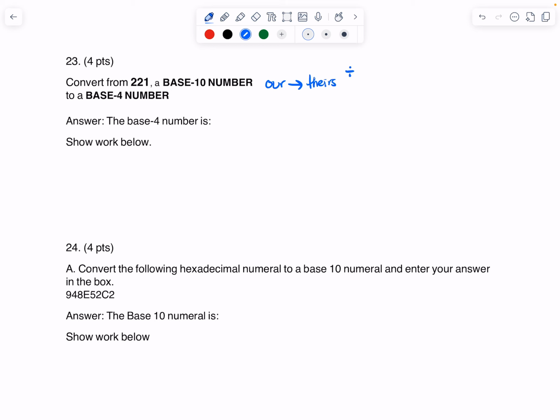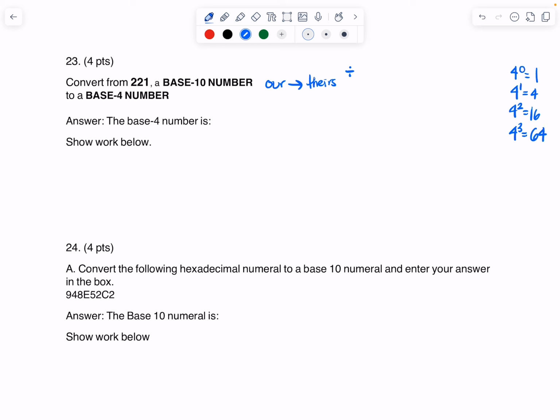Okay, so the first thing I have to do is write out all the exponential values of 4, base 4. So 4 to the 0 is 1, 4 to the first is 4, 4 to the second is 16, 4 to the third is, I believe, 64.